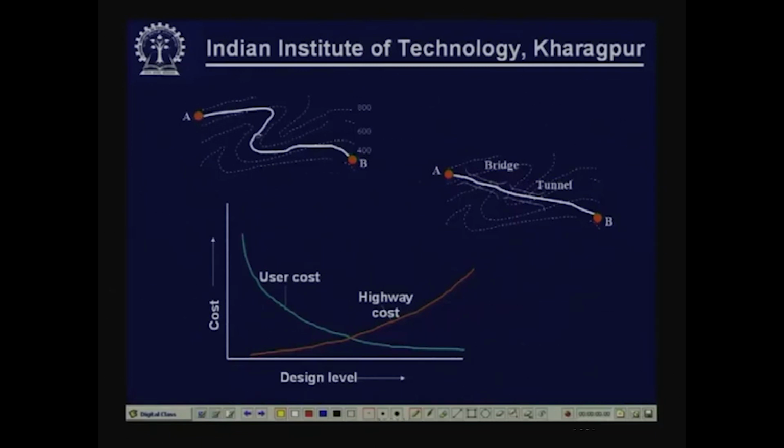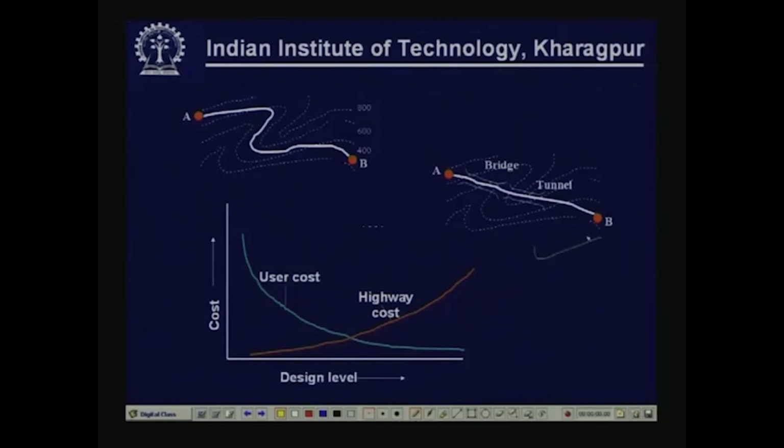So, you need less earthwork and all sorts of other expensive items like bridge or tunnel or other ancillary structure. But here the route length is more, so the user cost you expect to be more, and construction cost is lesser because there is no ancillary structure.